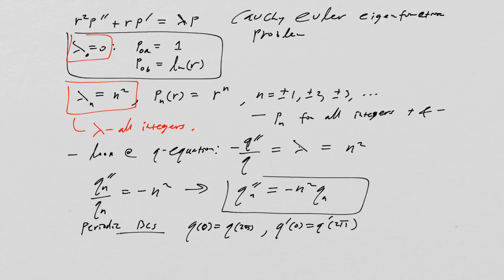Right. Well, we do know a few solutions. So we know that there are very special functions that are periodic, and their derivatives are periodic, and their second derivatives equal something proportional to the negative of themselves. This is clearly trig functions.